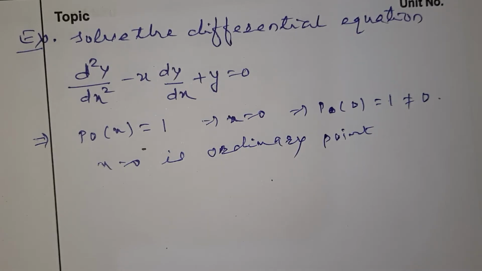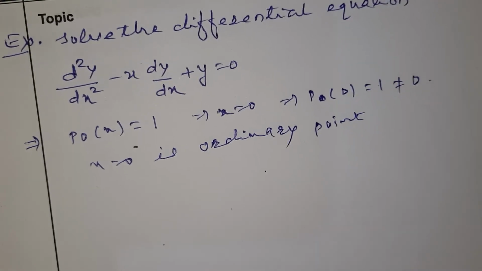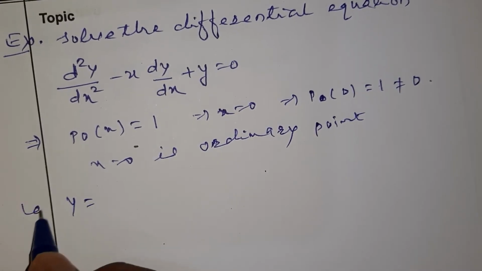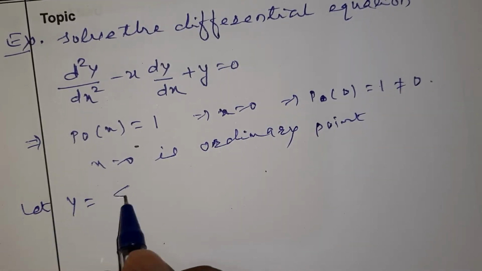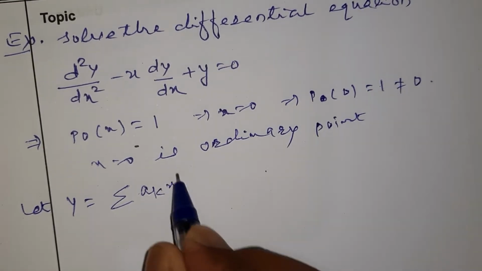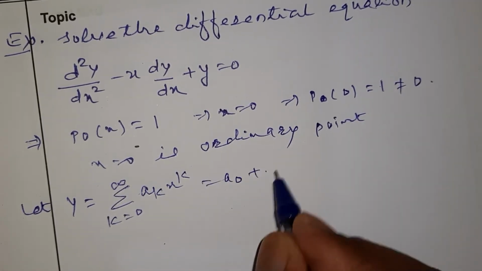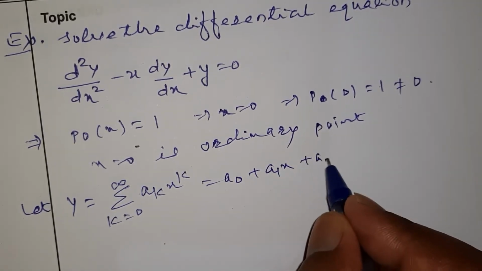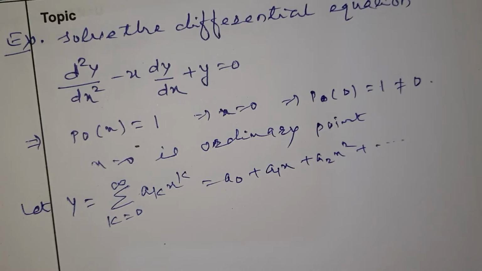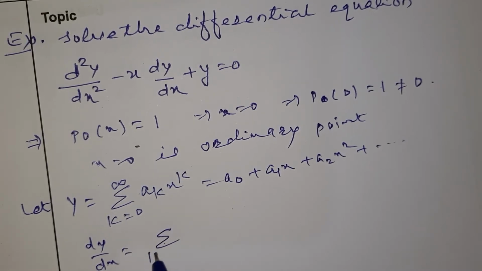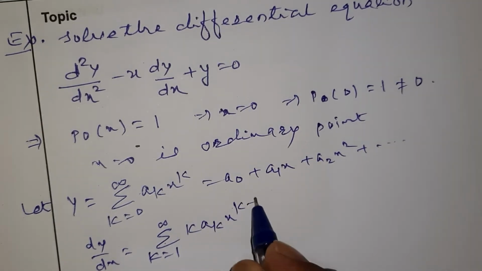Now once we get an ordinary point, our solution is fixed. Let y is equal to summation ak x raised to k, k is equal to 0 to infinity. This is our solution, that is a0 plus a1x plus a2 x square plus so on. Now dy by dx is equal to summation, it starts from k is equal to 1 to infinity, k ak x raised to k minus 1.